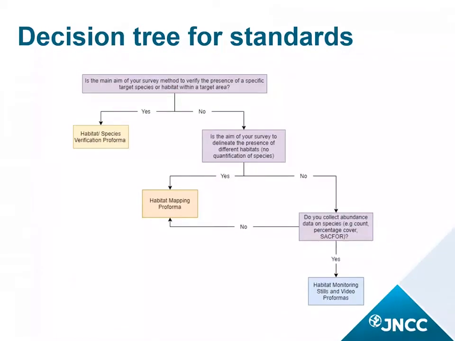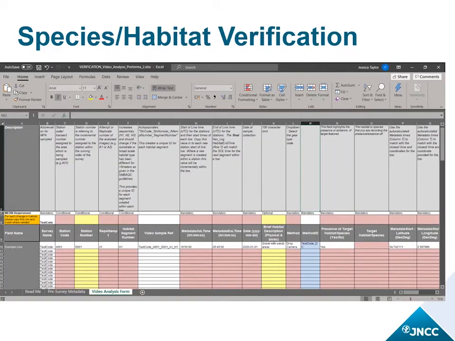And we built a decision tree for that approach to decide between the 3 standards which ones you were aiming for, and then worked on the MEDIN standards that exist for the benthic epibiota data to create standardized proformas or data sheets that you can record your information into once you've analysed it, to be able to submit that more widely for external checking if you wanted to do an external quality assurance, but also to ensure it's consistent across different data sets. And this is what the feature verification proforma looks like.